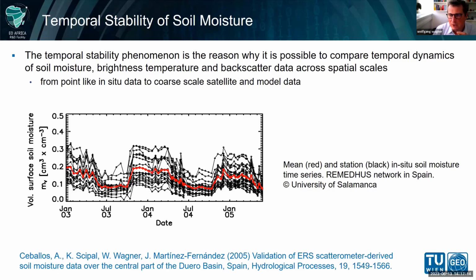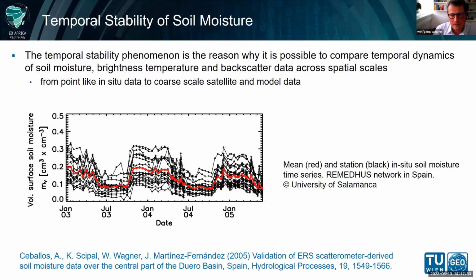Then you can take measurements from each individual station, or think about a pixel from the satellite measurements, and then you have one time series. You take many time series from the different stations or pixels, and then you can form the mean across all the stations, respectively pixels.